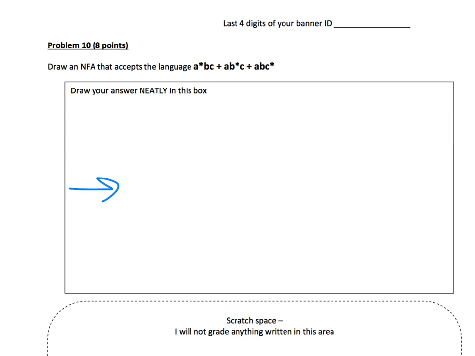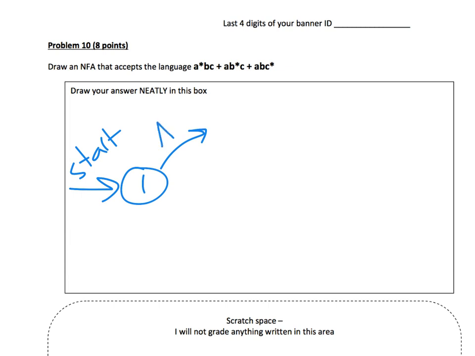Okay, so we want an NFA that accepts this language. The easiest thing to do when you have this plus this plus this is to just start with some free jumps. Fortunately it's an NFA, not a DFA, right? I'm going to have that top one go to A star BC.